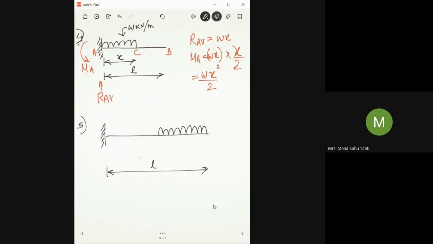Okay, and this length is X. All right, A, B, and C. Okay, so now this is given as W kilonewton per meter.